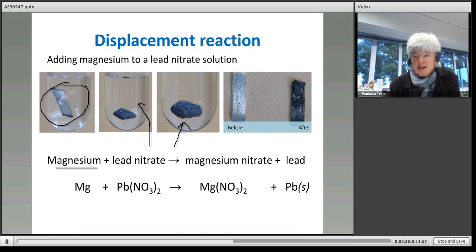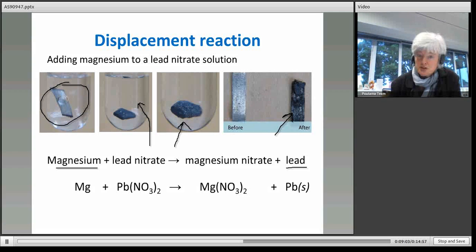There's a solid adding on. If you look at your piece of magnesium at the end of the reaction, you can't really see that the magnesium has got smaller, but you can certainly see that a black substance has formed on top of that magnesium ribbon, and that black substance is the lead.